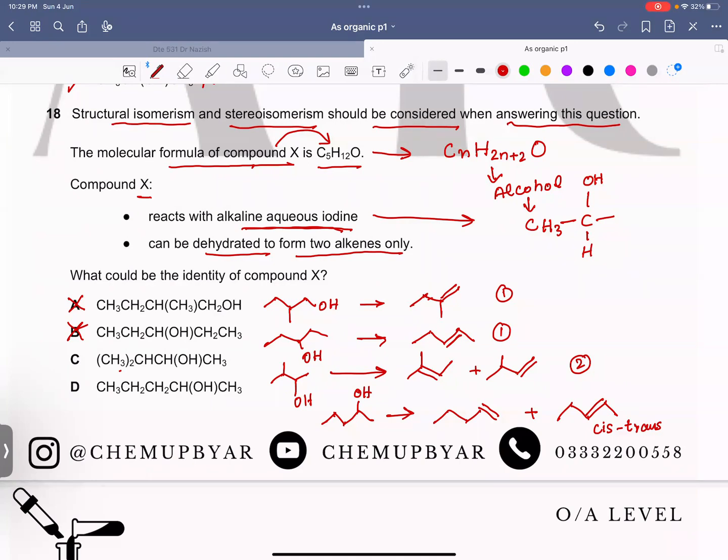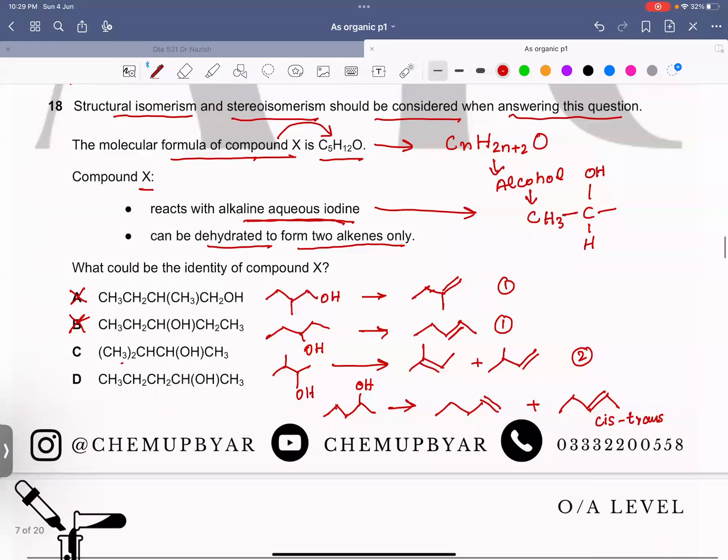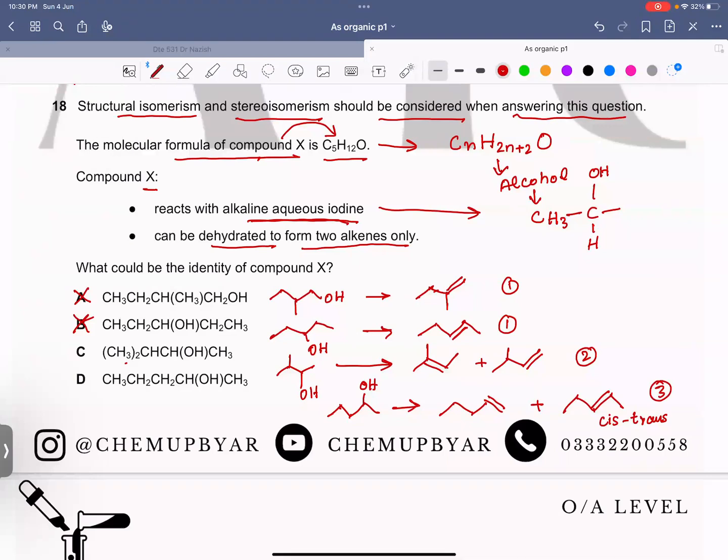So here we are getting three products, which makes D wrong, and our correct answer would be C in this case.